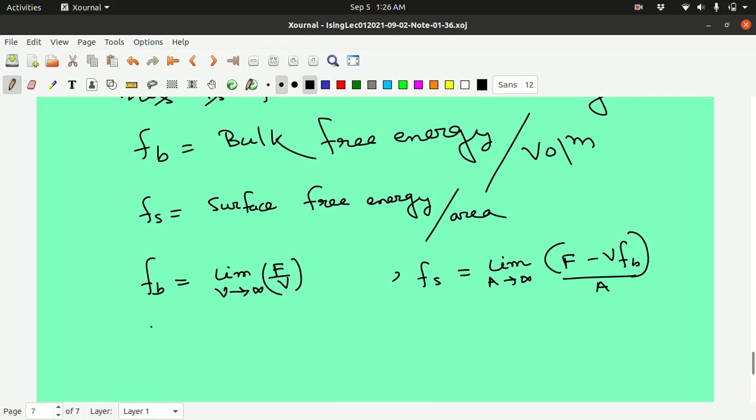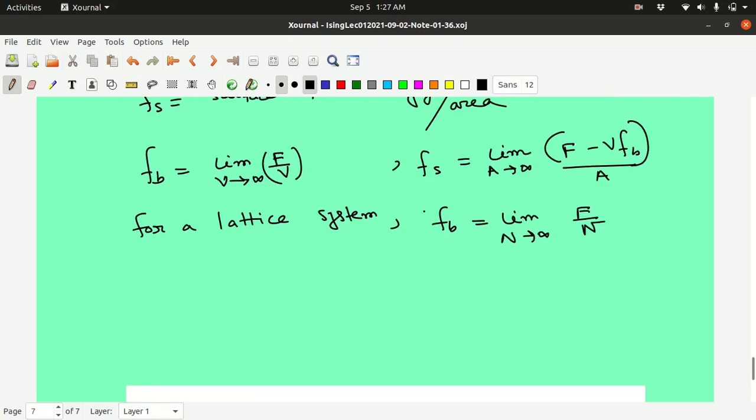And now for a lattice system, there are N lattice points, or N atoms in the lattice, so F_B is the limit as N tends to infinity of F by N. For a lattice system, F_B is defined like this.